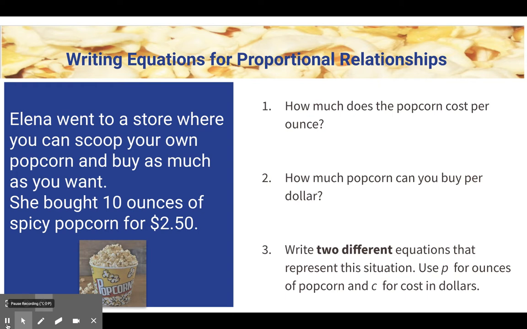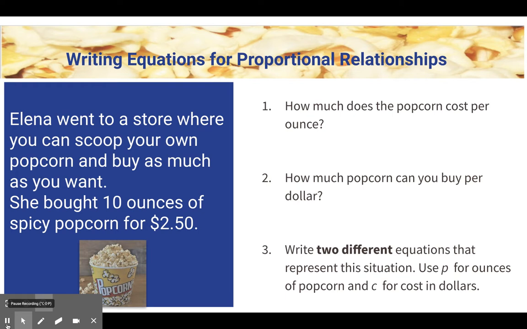Thank you so much to those that shared. Now let's just double check our work. For number one, the answer for how much does the popcorn cost per ounce, it would be 0.25. And we got that because 2.50 divided by 10, remember we're finding our unit rate, is 0.25.